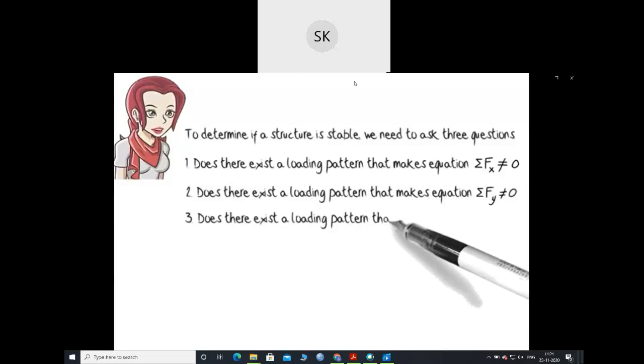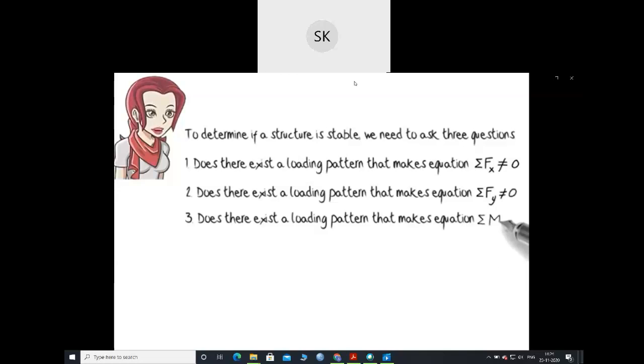Does there exist a loading pattern that makes equation sum of the moments about the z-axis equals 0 unsatisfiable? If the answer to any of these questions is yes, then the structure is considered unstable.